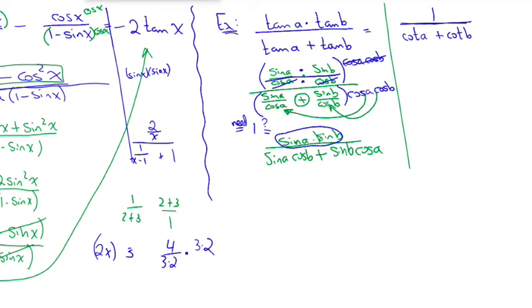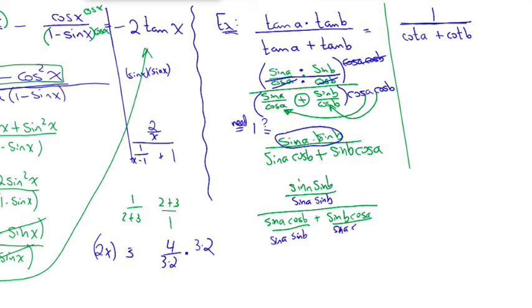So I'm going to rewrite it as, this is going to be kind of messy, sine of A, sine of B, over sine of A, cosine of B plus sine of B, cosine of A, and I'm going to divide both of those by the numerator there, sine of A, sine of B. So divide everybody by that numerator.